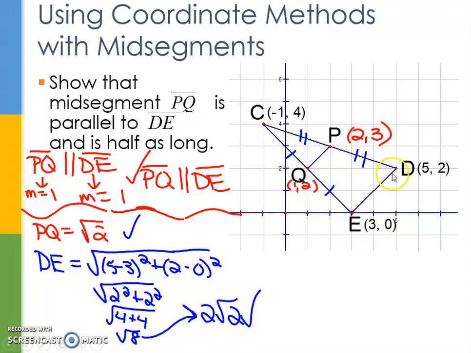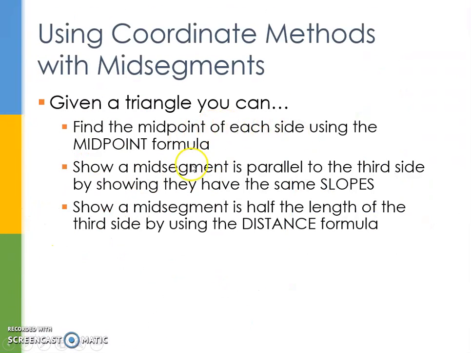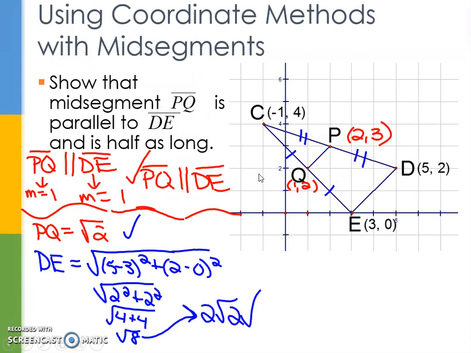Look at D and E. If they're parallel to each other, they're going to have the same slope. If they have the same slope, you can prove that they are parallel. That is given. So I'm going to find the slope for DE. E is 3, 0.